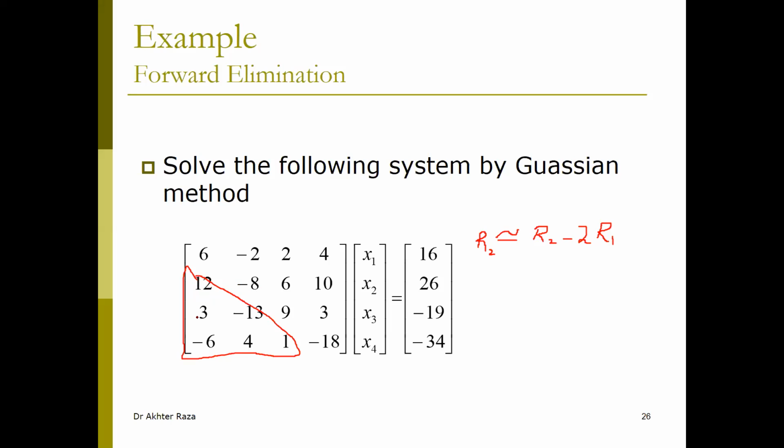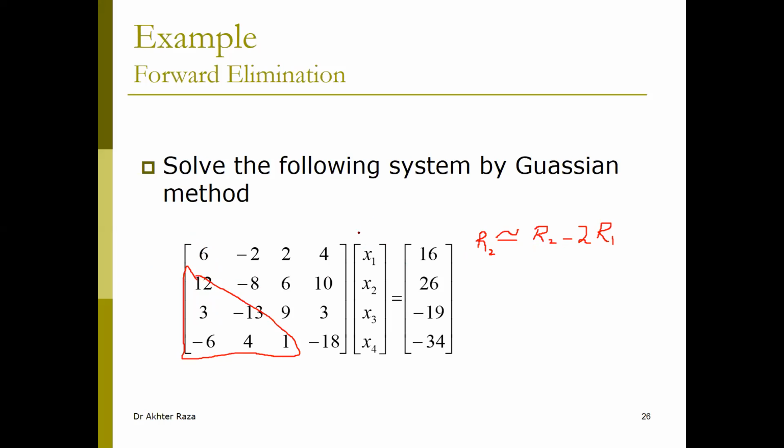Now in the second step, we have to make this 0 and this 0. One more thing we can do is create this row's first element to be 1. Initially this is 6. If I want to make it 1, there is no need to multiply it by 2.